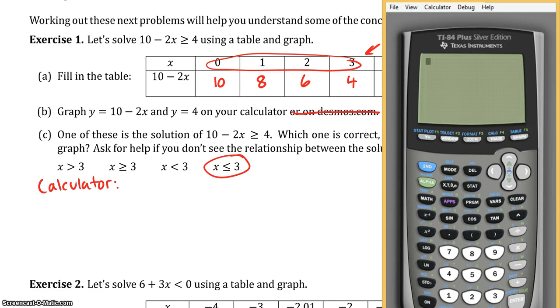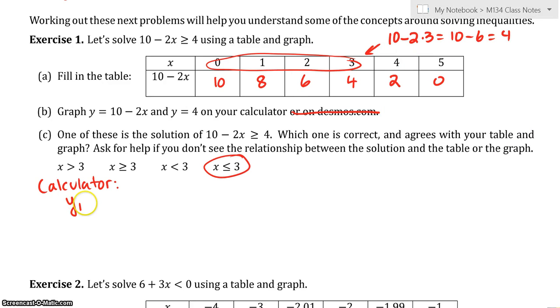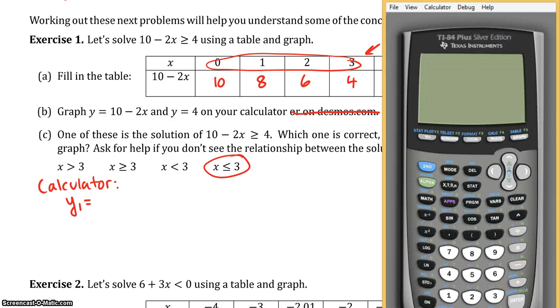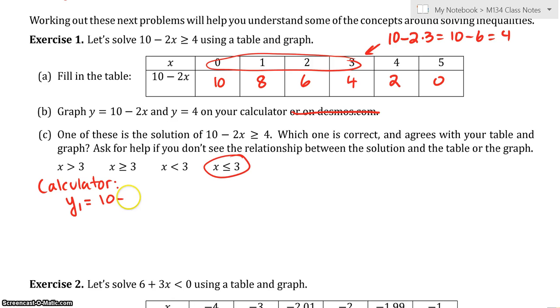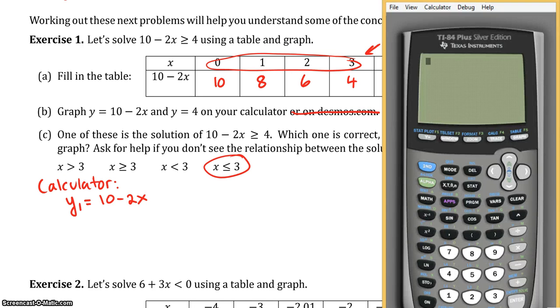Okay, so what I'm going to do in my calculator is I'm going to graph y equals 10 minus 2x. So let's go ahead and do that. Y equals, and then let's type in a 10 minus 2, and then the x.